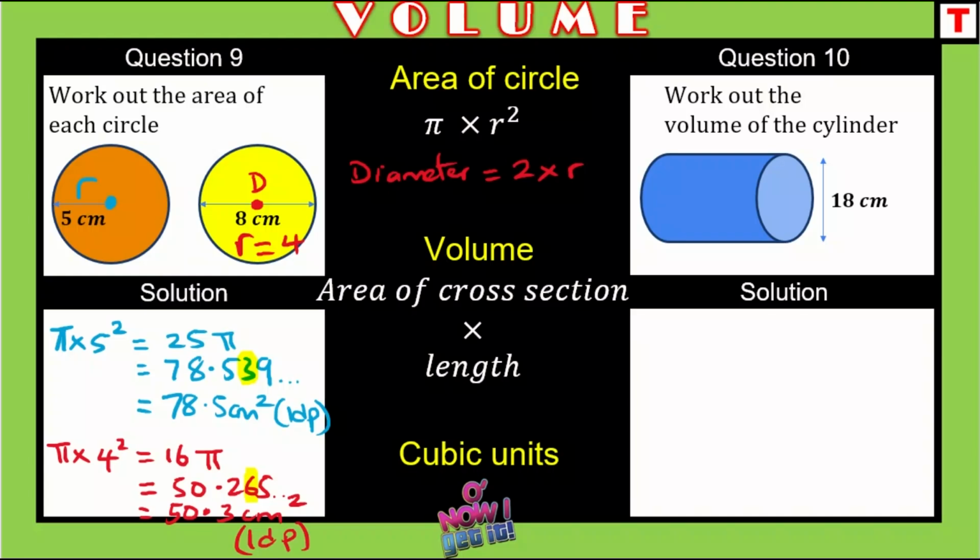Now, let's have a look at the question on the right relating now to the volume of a cylinder. So we can see that this circle is part of the cylinder, which means that we need the area of that circle. And we need to carefully look at what we've been given for the circle.